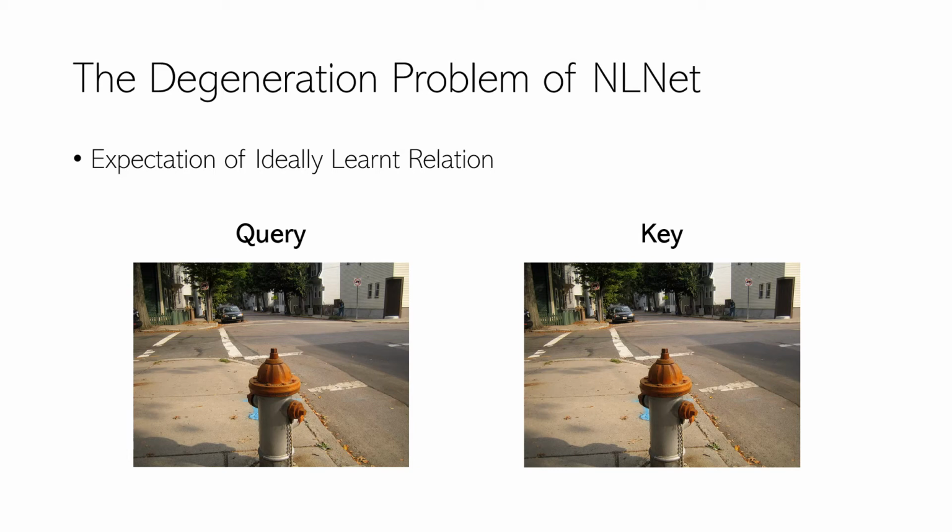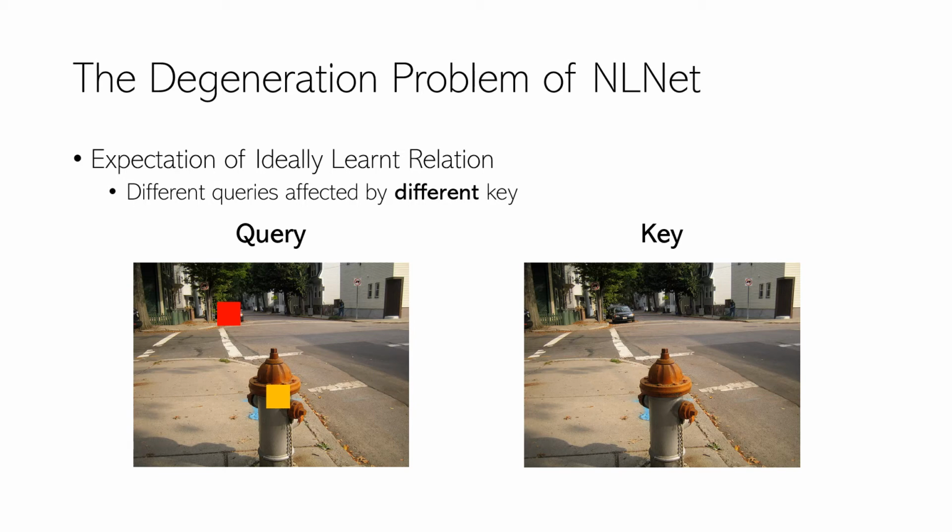In common understanding, the self-attention formulation models pairwise relationship, for example, the dependency between pixel pairs. To learn meaningful pairwise dependency, we expect different query points affected by different key points. This is an illustration. The left image shows two query pixels at different locations.